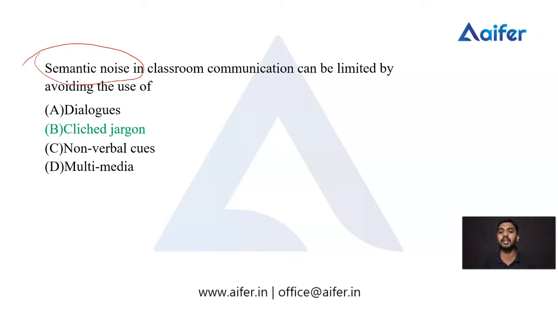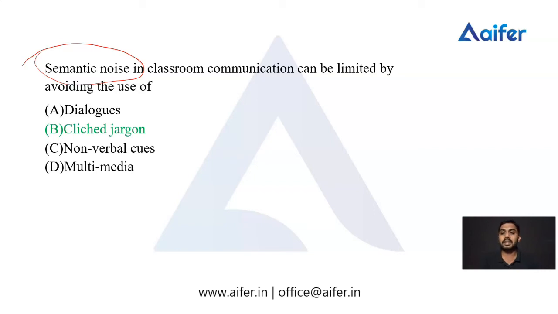So in this question, we have given 4 options: dialogues, cliched jargons, non-verbal cues and multimedia. Out of these four options, when we avoid which among them, it will lead to limiting semantic noise in classroom communication? We need to find out that.